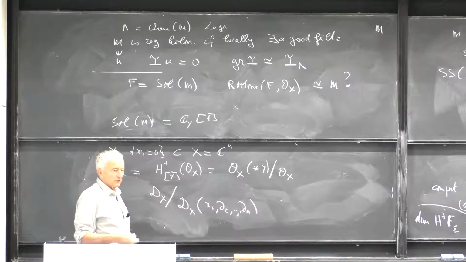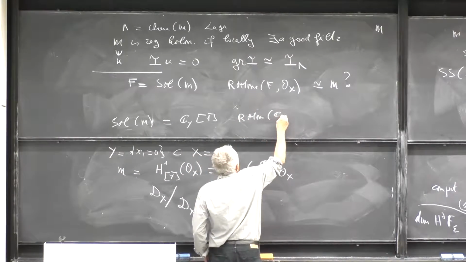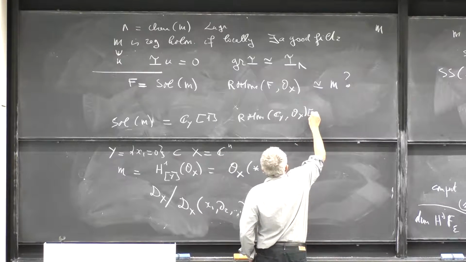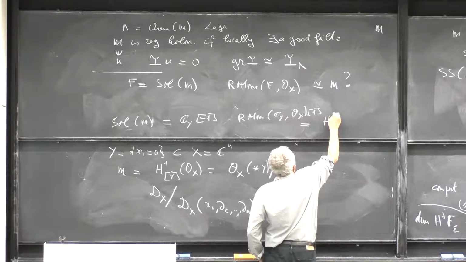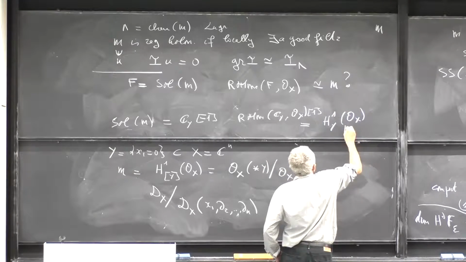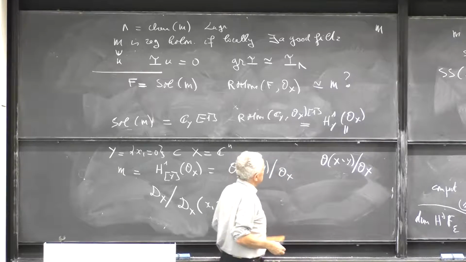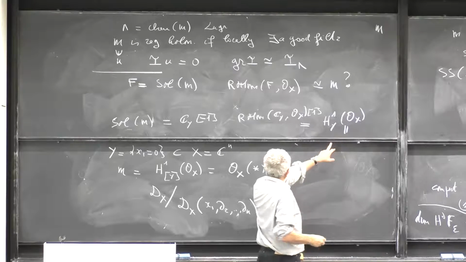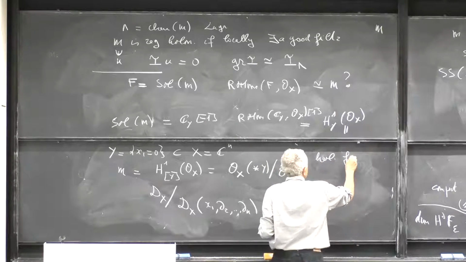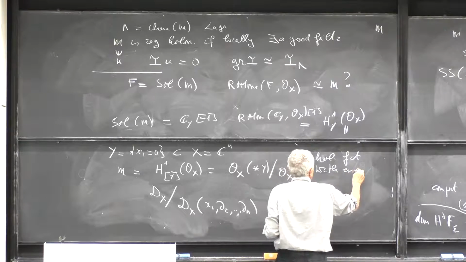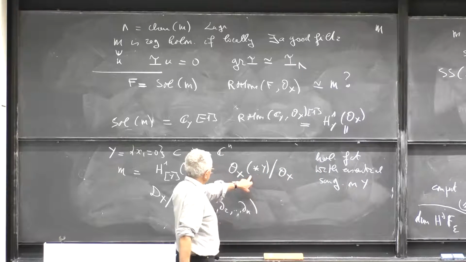It's not the constant. Okay, 1 or minus 1. And if now I calculate RHom of C_Y with O_X, with a shift, I find H^1 supported by Y, and this is the holomorphic functions in X minus Y with essential singularity on Y. And here it was meromorphic.